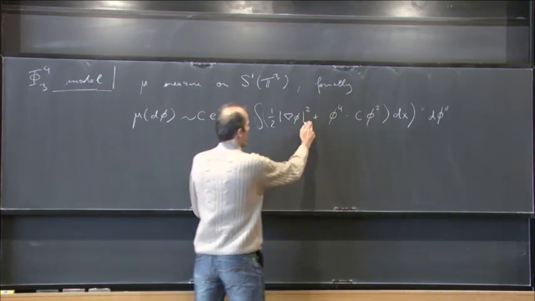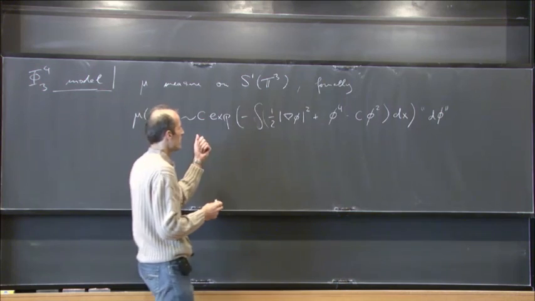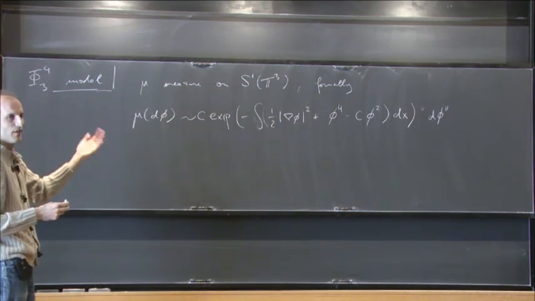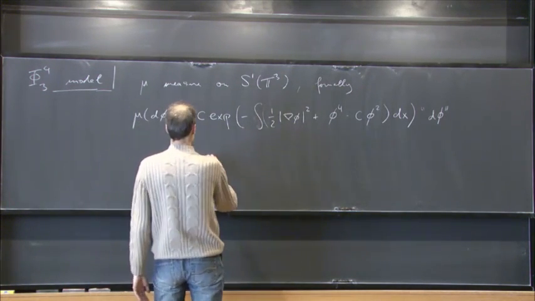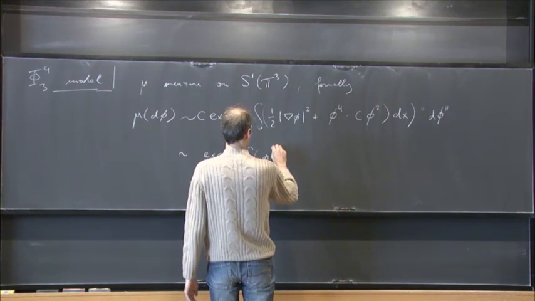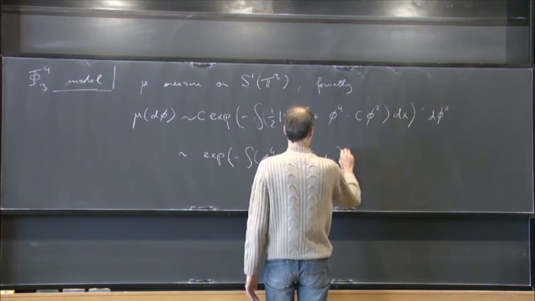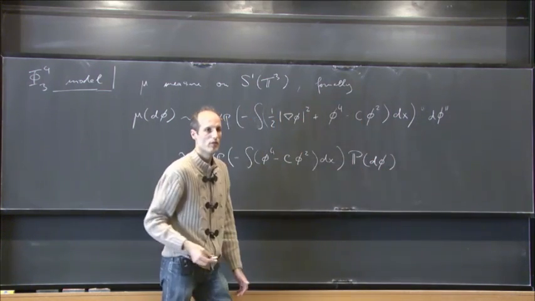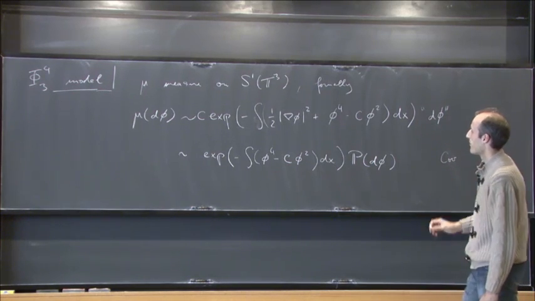Now, quadratic expressions we kind of know how to make sense of. We know that a Gaussian measure has density e to the minus one half times the inverse of the covariance, and so on. So I should really think of this as exponential of minus the integral of phi to the 4 minus a constant times phi squared, dx, times P of d phi, where P would be a Gaussian measure with covariance.